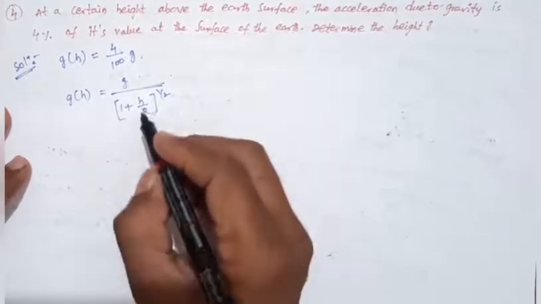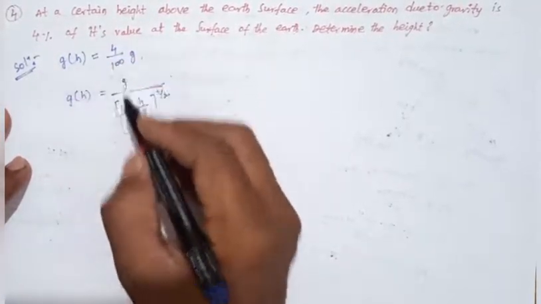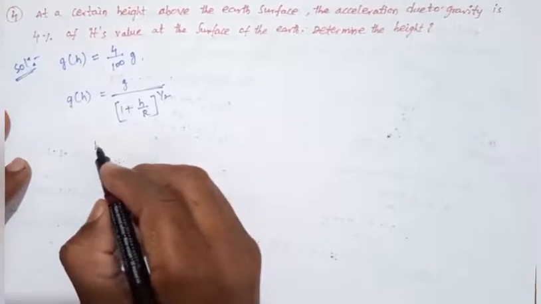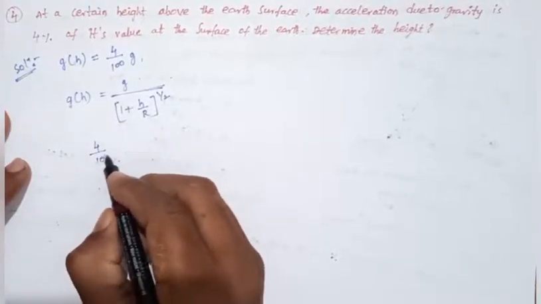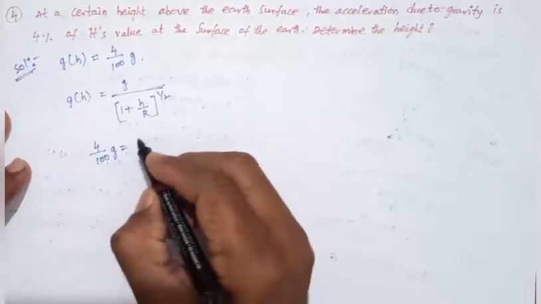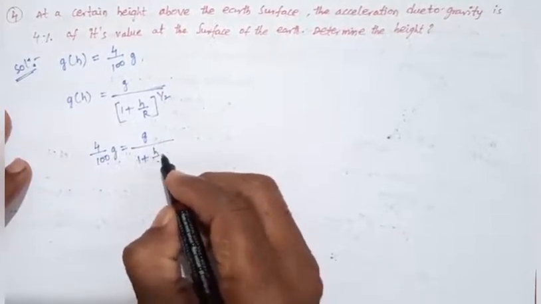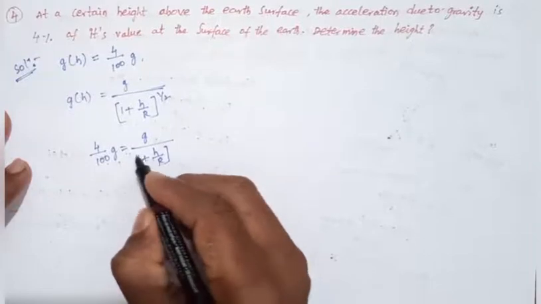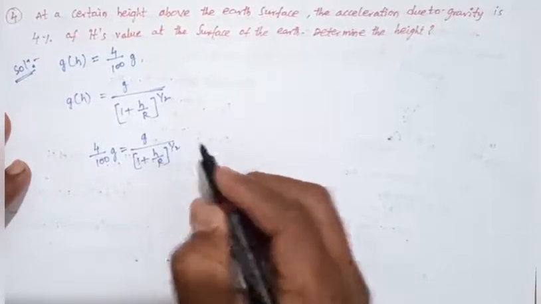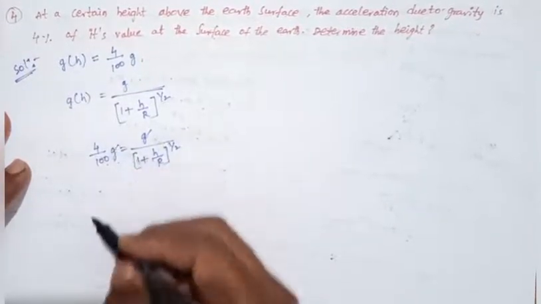Okay, here g of h is given. g of h equals 4 by 100 into g equals g by (1 plus h by r) whole square. Okay, g gets cancelled.